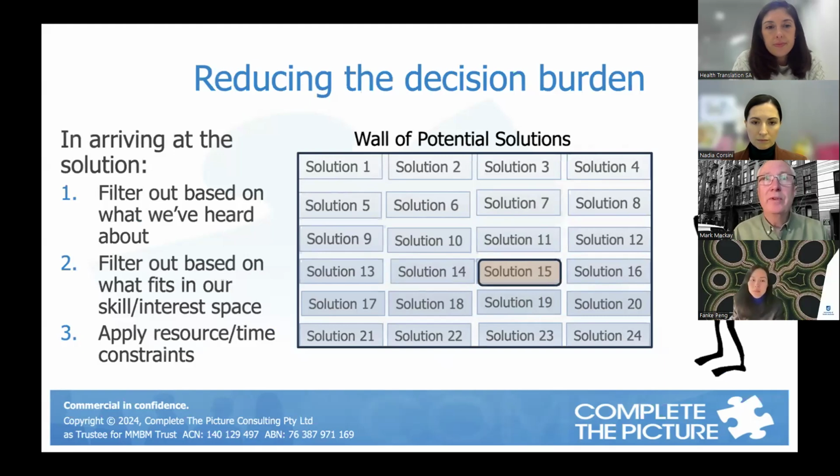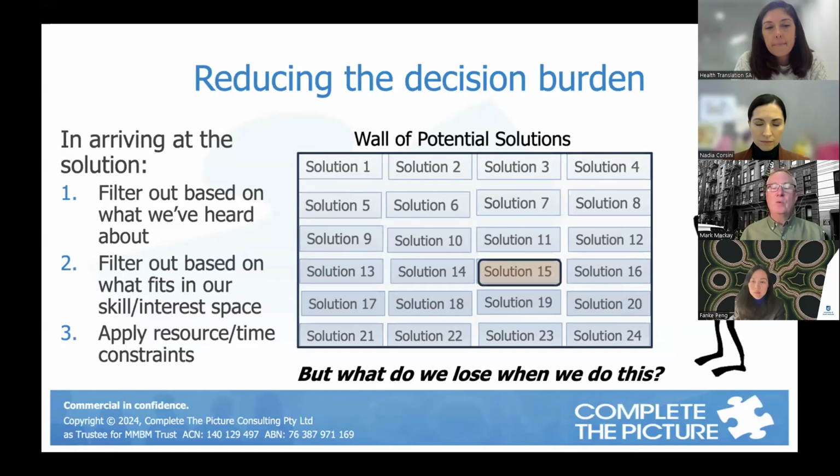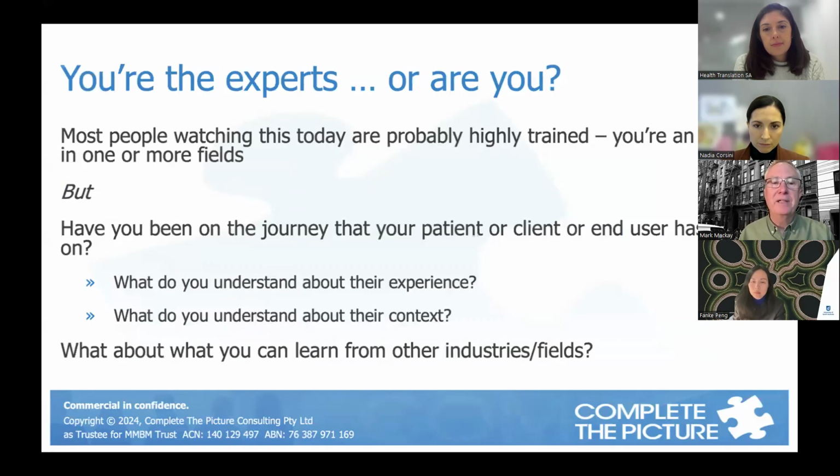There's nothing wrong with that in some circumstances. In fact, day to day, you're often presented with things that you need to address. That's fine. It works. However, for more complex problems, are we missing something? We're losing something when we do this, and that's we're not contemplating the bigger space.